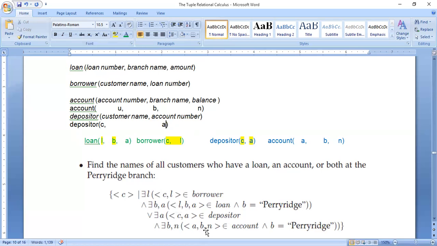So this depositor A is already used, and the remaining from the account are B and N. So we are outputting B and N.